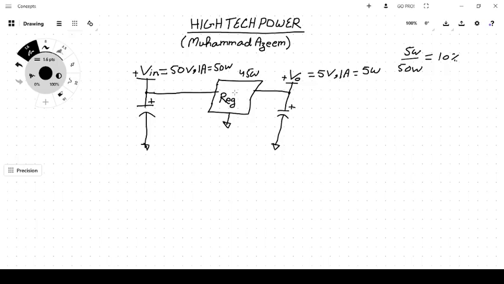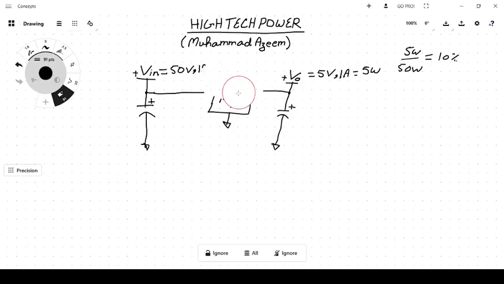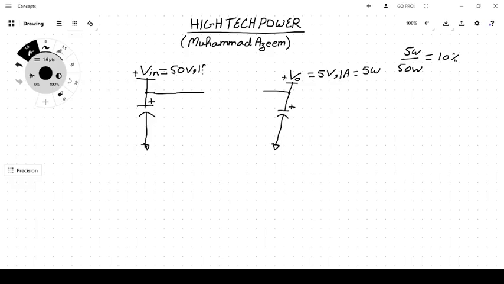So let's delete the linear regulator here. So this was 1 ampere and 50 watt was there. Here we insert the linear pass element or the transistor.